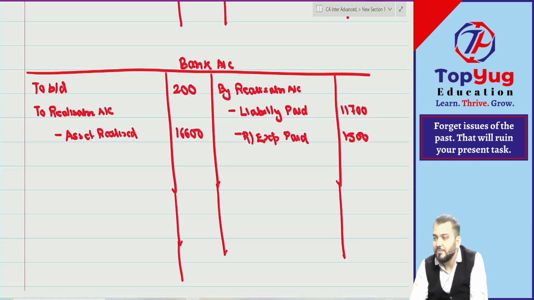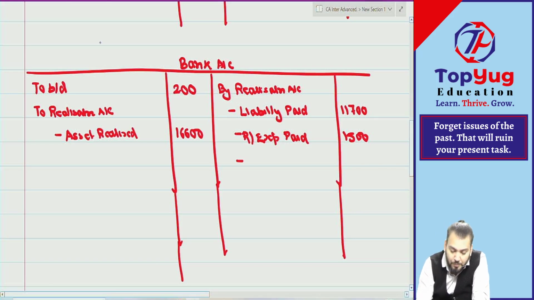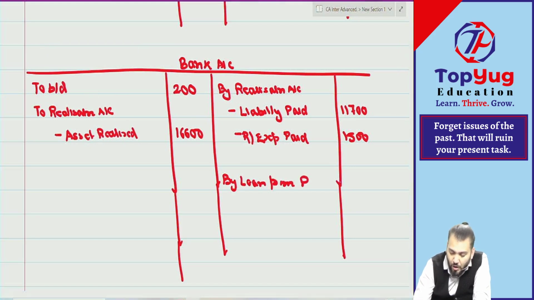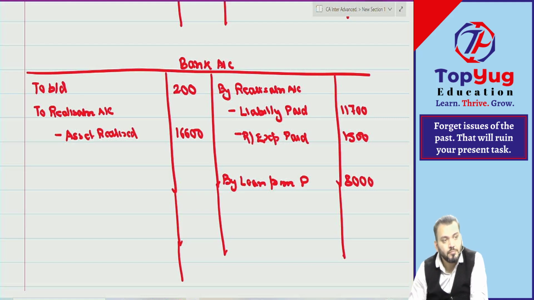The second effect. I'm coming to that point. Understood? Second effect. Then there is P's loan also paid. Written by what? By loan from P. How much paid? 8,000.